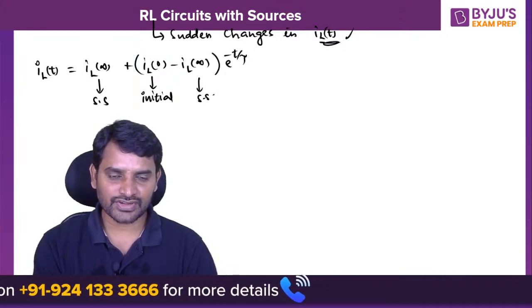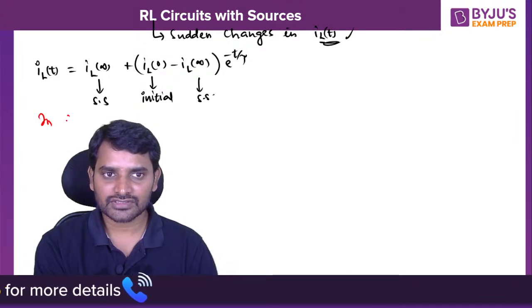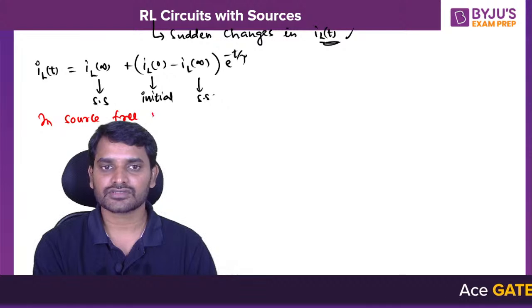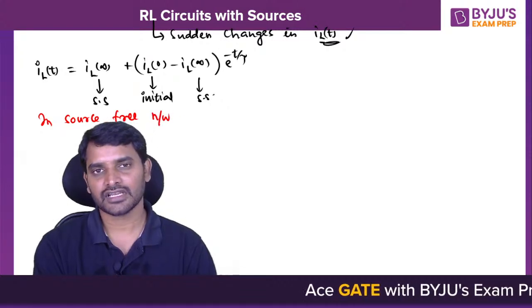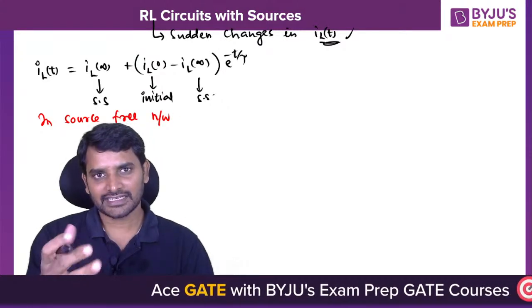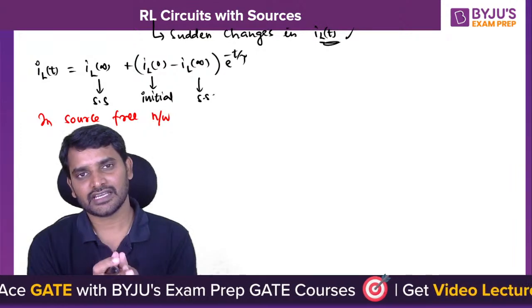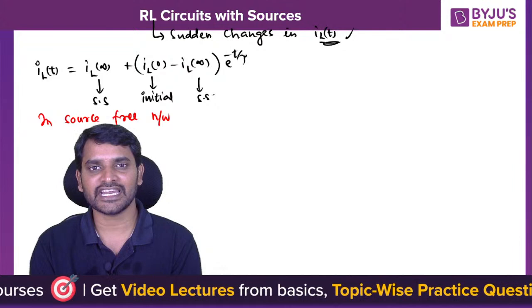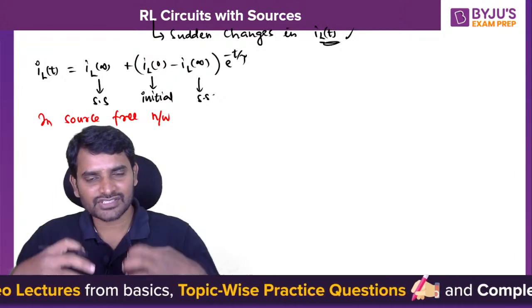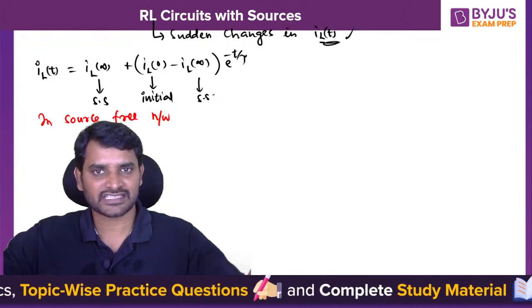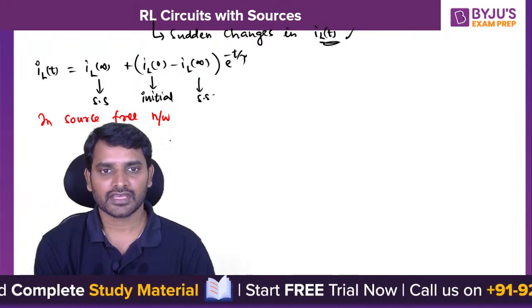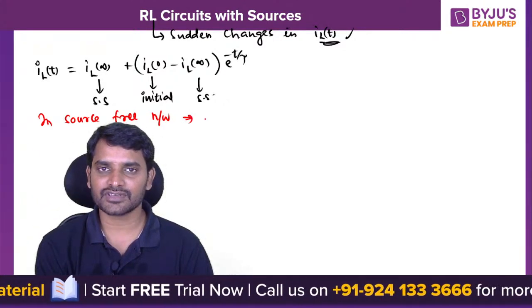So in source-free networks, if only the inductor has some energy in it and the inductor is connected to the resistive networks, and you do not have an independent source, whatever energy is stored in the inductor will discharge through the resistive networks. So the final value is definitely going to be zero.